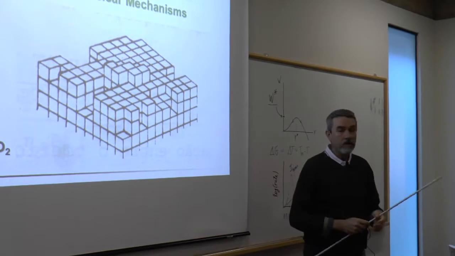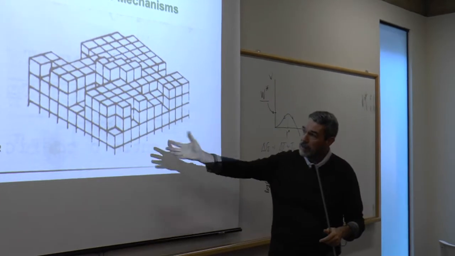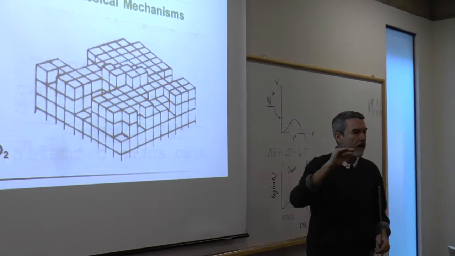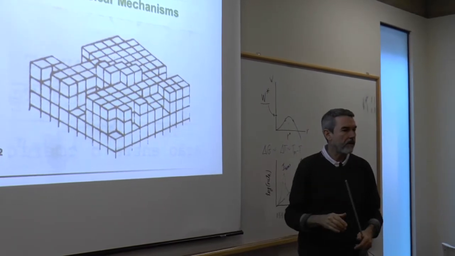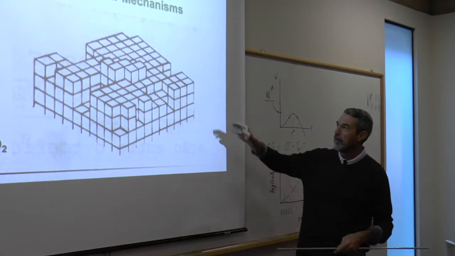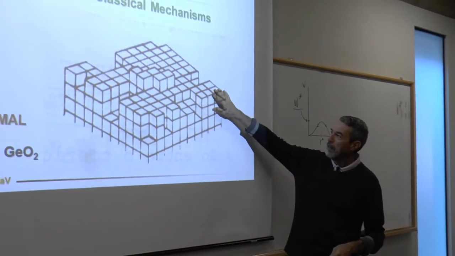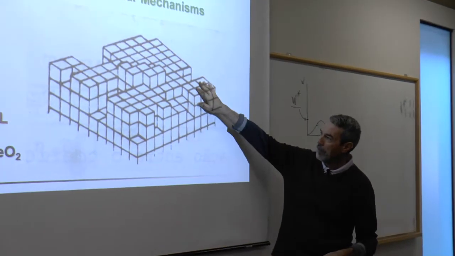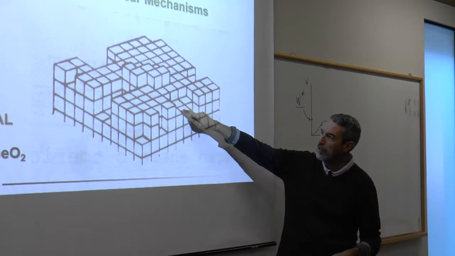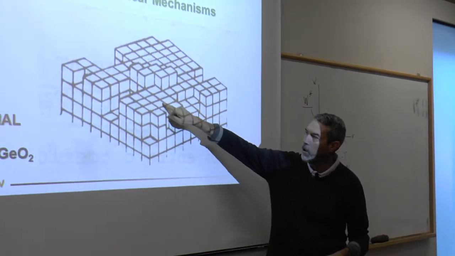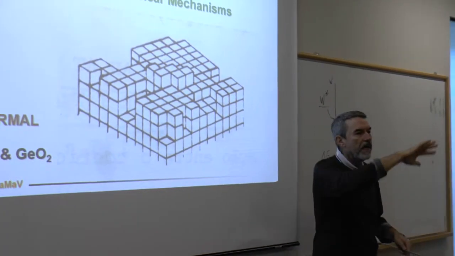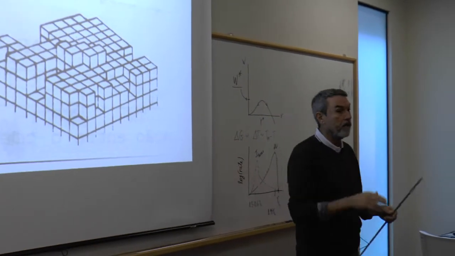In the normal model, the interface, this is a growing crystal, the interface is rough on an atomic scale. What I mean by rough is that there are atoms or units here and holes here. There's a unit here and a hole here, a unit here, no unit here. So it's rough on an atomic scale.